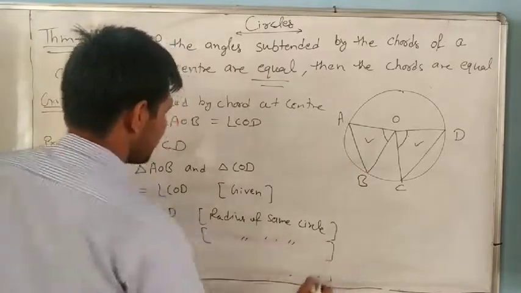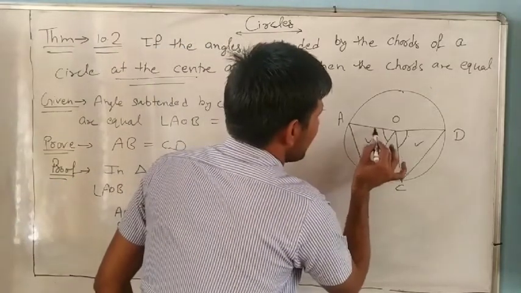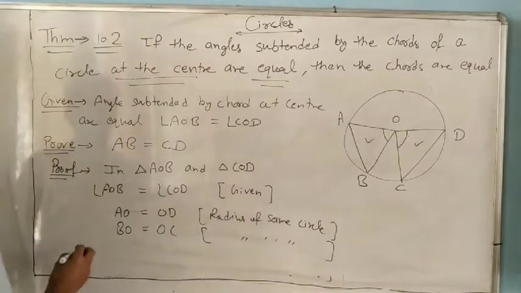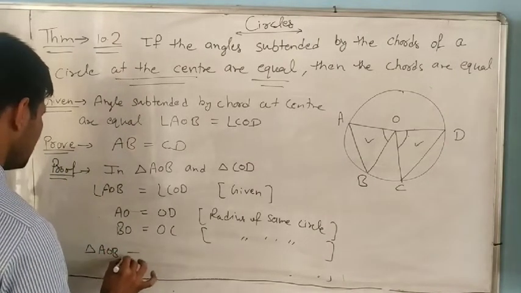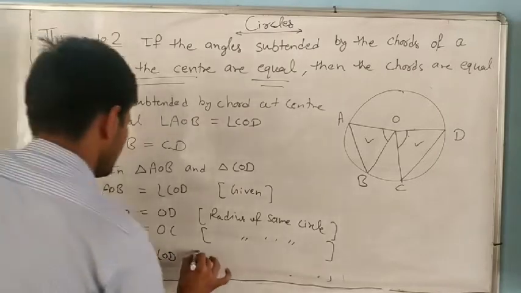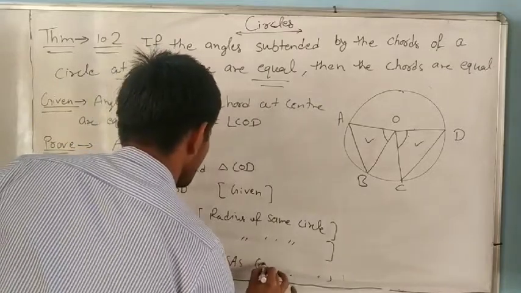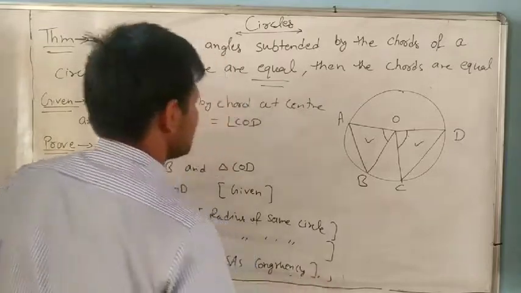And we observe that by what property? Side angle side. Both triangles are congruent. So triangle AOB is congruent to triangle COD by the side angle side congruency rule. Very simple.